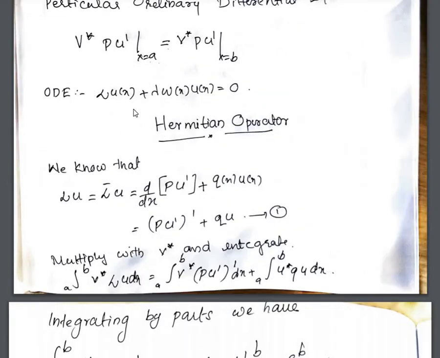Here our ordinary differential equation is L of u plus lambda w(x) u(x) is equal to 0. We know that w is a weight function or density function. Lambda is the eigenvalue, and sorry, L is an operator and u is an eigenfunction.